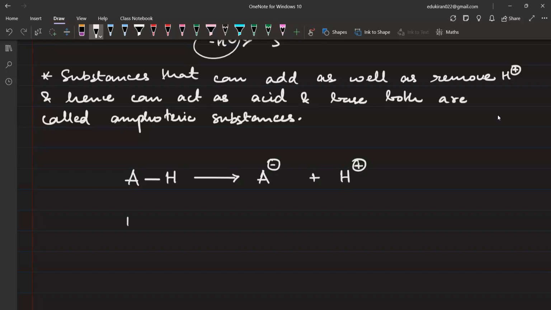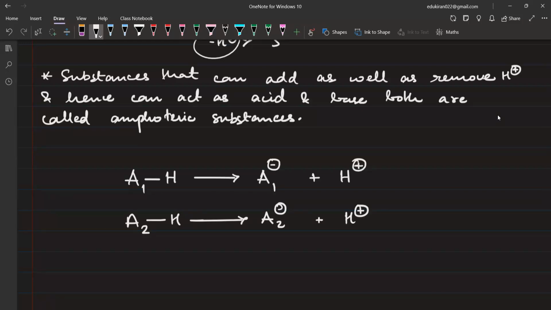And let's suppose we have another. एक काम करते हैं, इसको A1 कर देते हैं. आपके पास A2 है, and then you have H here. When it is going to dissociate, you have A2 negative and H positive.